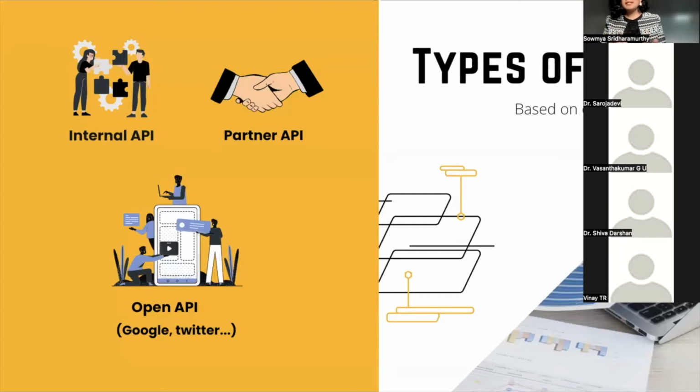So it's as simple as telling, I can divide this class based on your name, based on your grades, based on the color of the dress you're wearing. So you're all the same, but the parameter I'm using to differentiate you is different. Likewise, for APIs, there are various parameters based on which we can differentiate them. But the one which is widely used is based on the ownership.